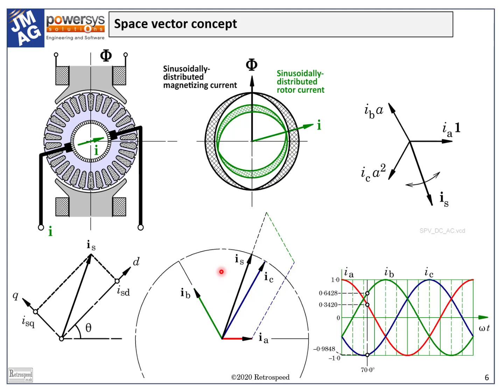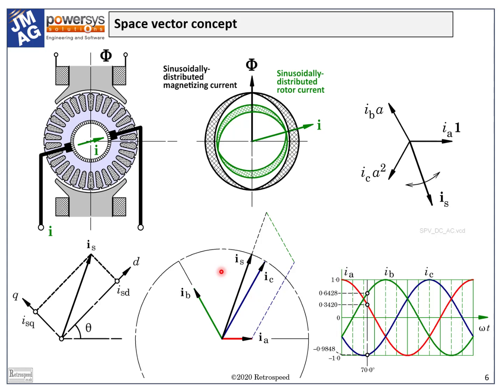But the space vector concept applies equally to the voltage, being defined from the three-phase instantaneous voltages in exactly the same way that the space vector of current is related to the three-phase currents. Likewise, there is a space vector of flux linkage, which is analogous to the flux phi in the DC machine.